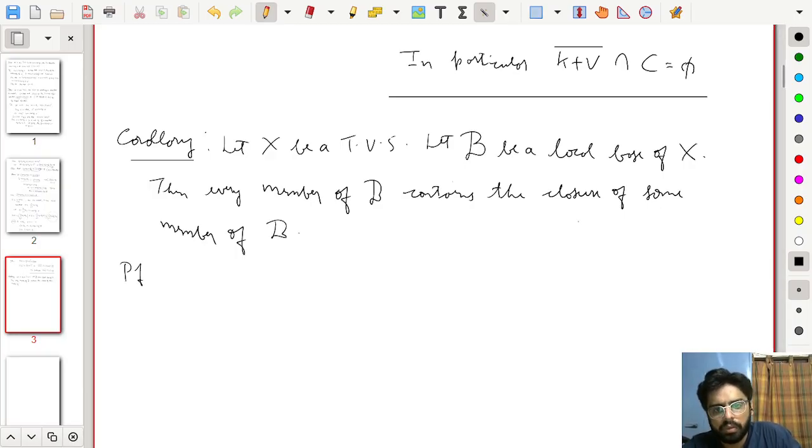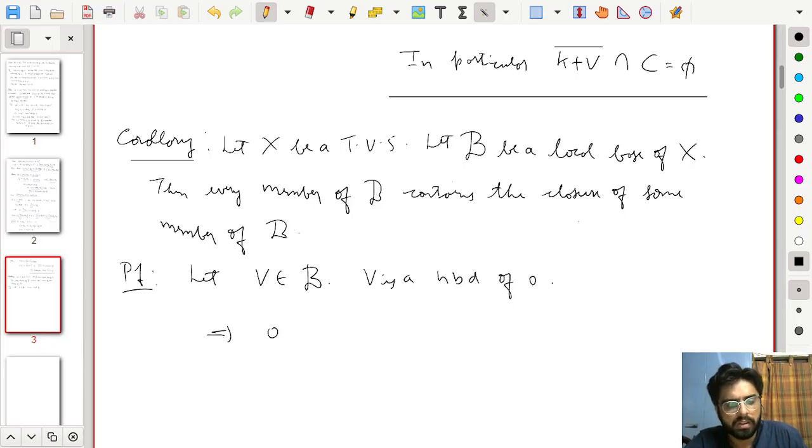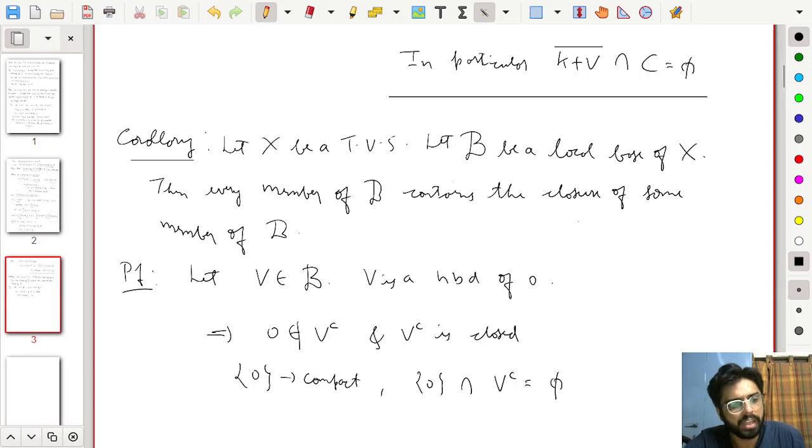Okay. Proof: let V belong to B. V is a neighborhood of 0. This implies 0 doesn't belong to the complement of V, right? And the complement of V is closed. By the previous lemma, singleton 0, which is compact, intersected with the complement of V is empty, right?